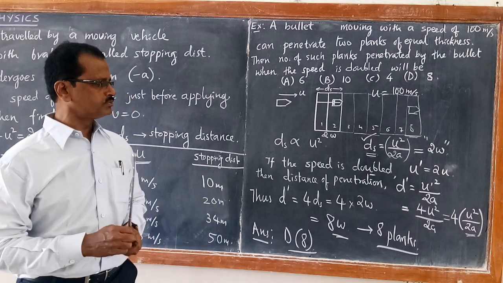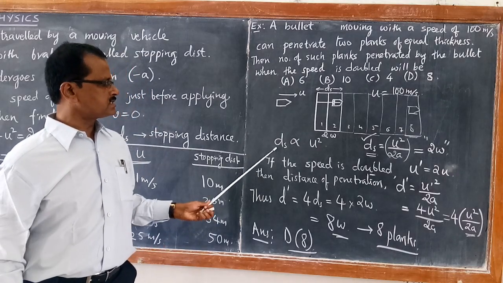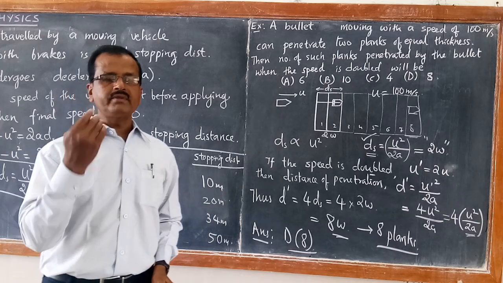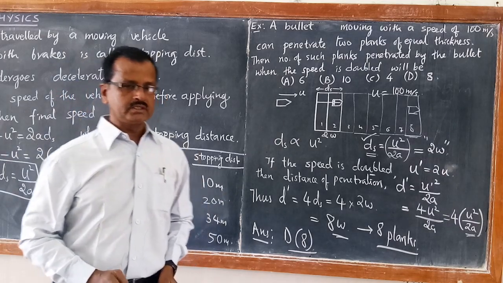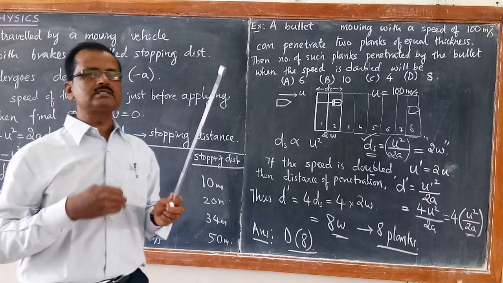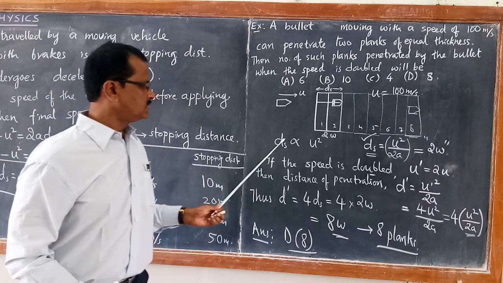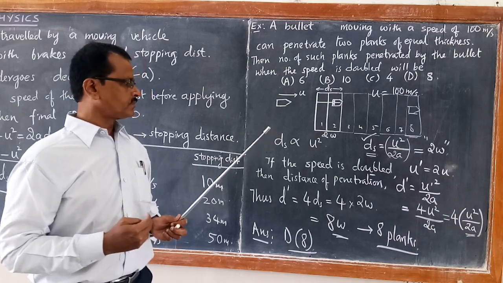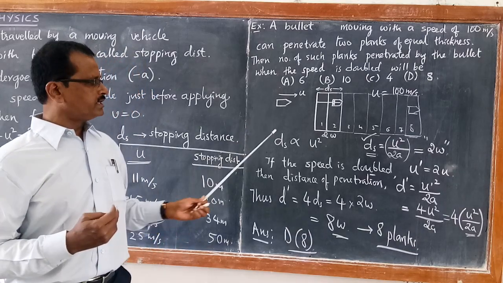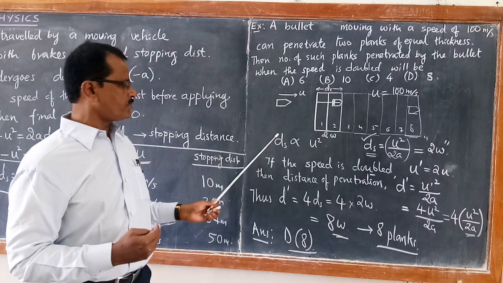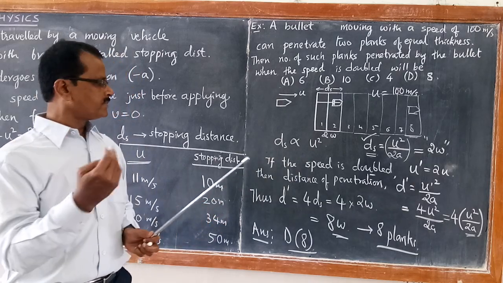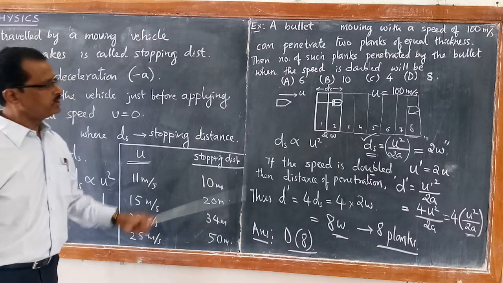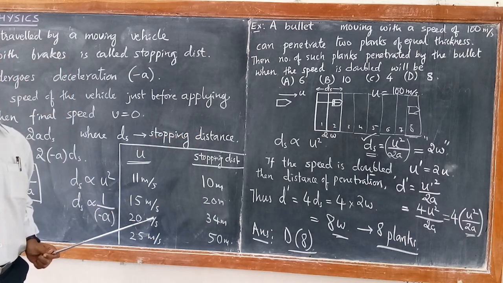The important thing to be noted here is that the stopping distance is directly proportional to the square of the initial velocity. If the initial velocity is increased by 2 times, the stopping distance increases by 4 times. If the initial speed is increased by 3 times, the stopping distance increases by 9 times. This is the important thing to be understood from this numerical problem.